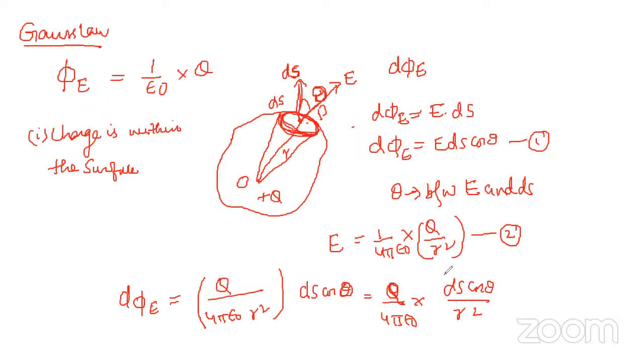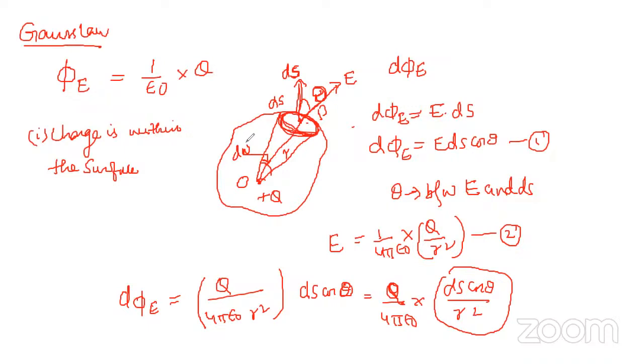And this ds cos theta by r square is the solid angle d omega subtended by ds at O. So at this point O, this one is d omega, which we call the solid angle, which is equal to ds cos theta by r square.